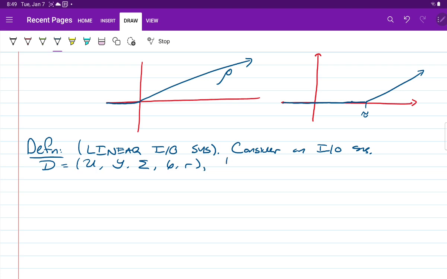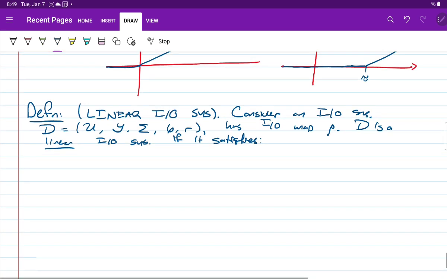And let's say the system has I/O map rho, okay? So I say D is a linear I/O system if it satisfies the following properties. So remember, we had these different components before where we first enforced properties on spaces and then we enforced properties on maps, okay? We're going to do the exact same thing here.